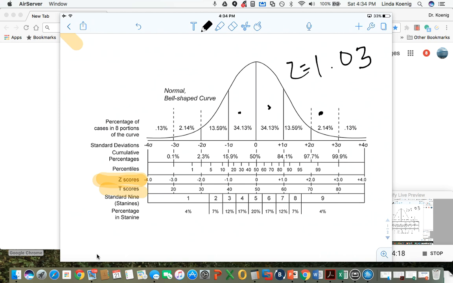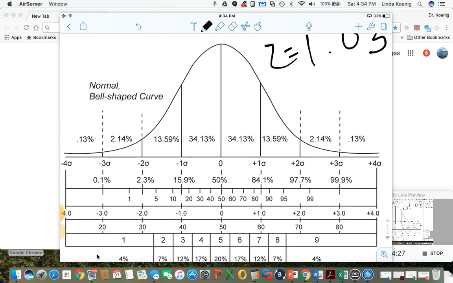We need to figure out where that lies on our curve. A z-score of 1.03, if this is one standard deviation above the mean, is going to be about here.